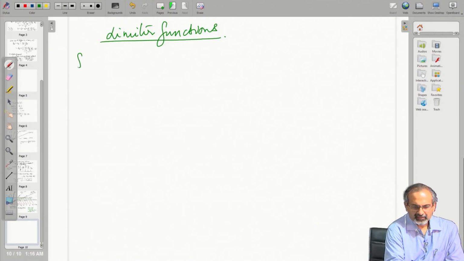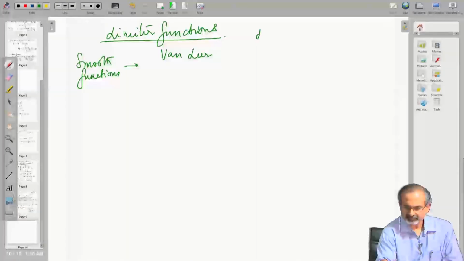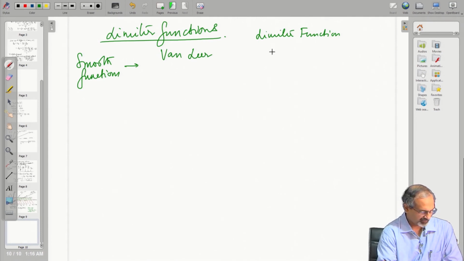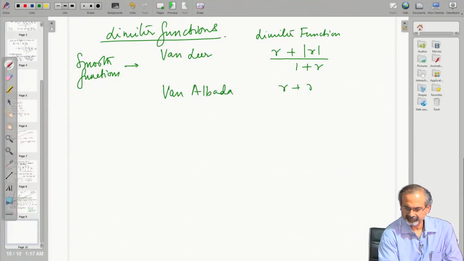So, examples of smooth functions would be the Van Leer scheme, for which the psi is given by (r plus mod r) by (1 plus r). The Van Albada scheme, which is (r plus r square) by (1 plus r square).